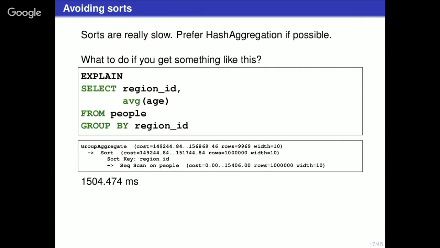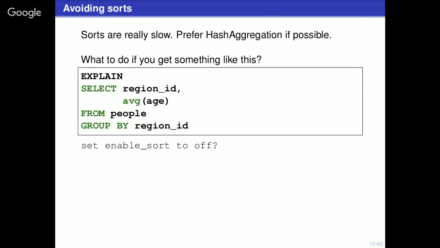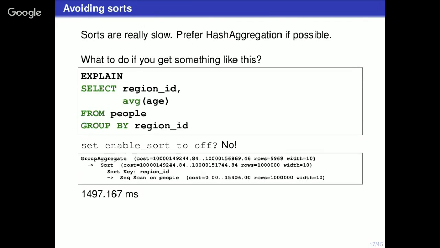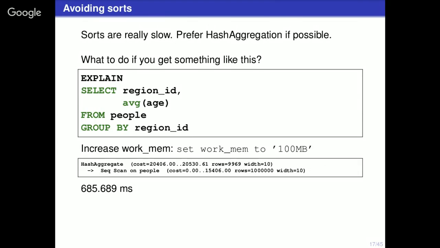Common approach is to blame planner, to say, you stupid planner chose the wrong plan. Let's hint you, let's avoid sorts by setting enable_sort to off. This doesn't work. You will get very large cost values and still the same plan. The clue is you need to increase work_mem.